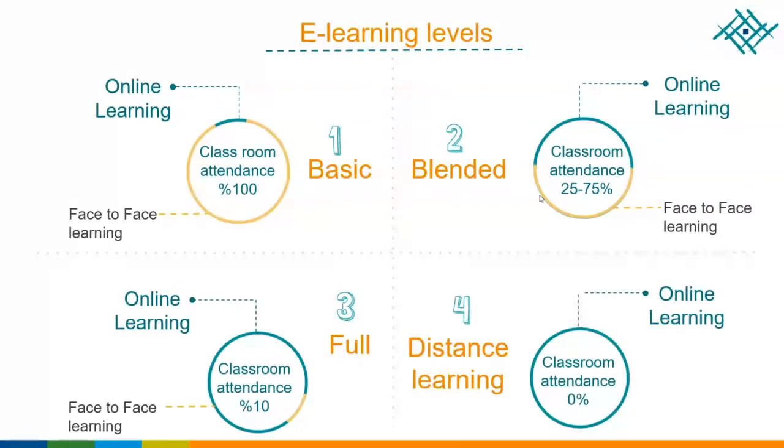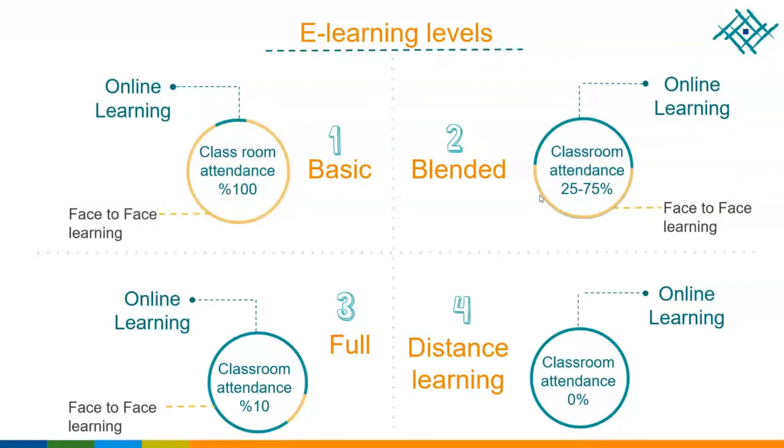And we have what we call distance learning, the fourth type. In distance learning there is no classroom attendance at all, 0%, and the whole learning is online only. This is the fourth type of e-learning level.